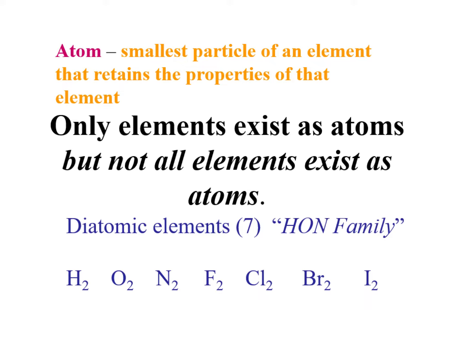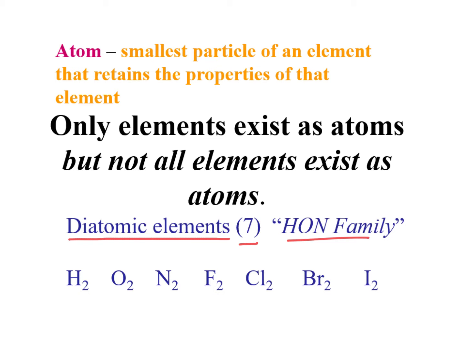Not all elements exist as atoms. The diatomic elements exist as molecules. There are 7 of them. Eventually, you're going to have to know which ones they are. They're hydrogen, oxygen, nitrogen, fluorine, chlorine, bromine, and iodine.